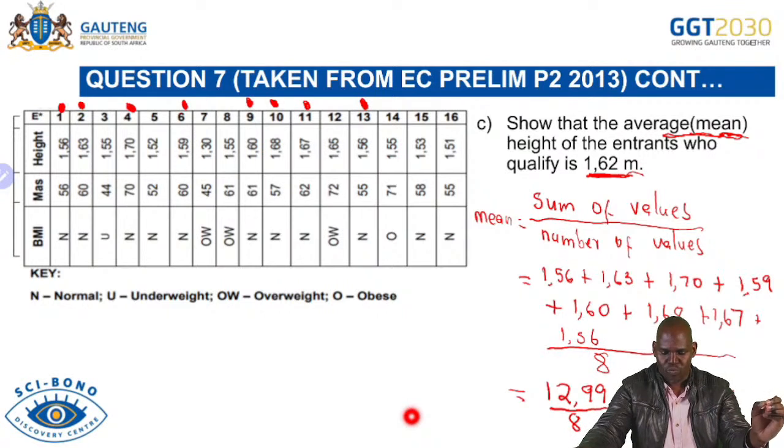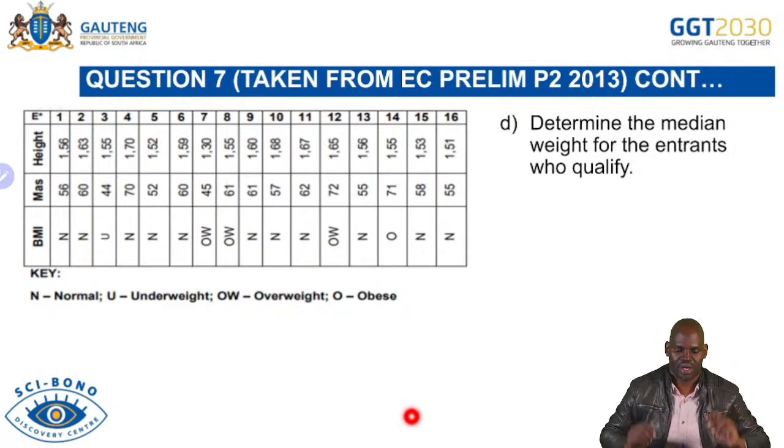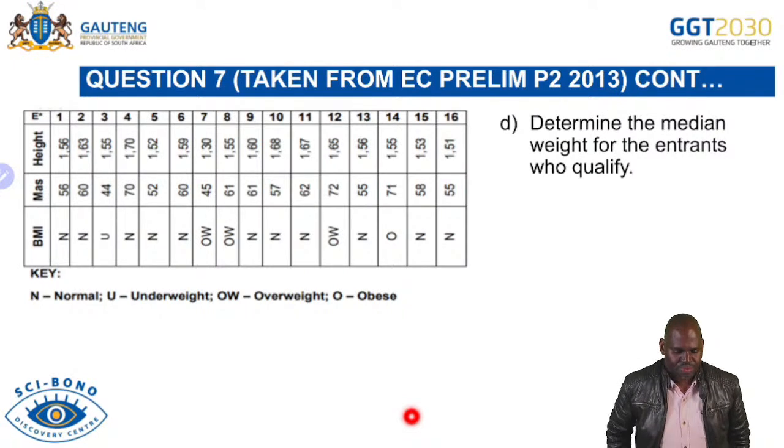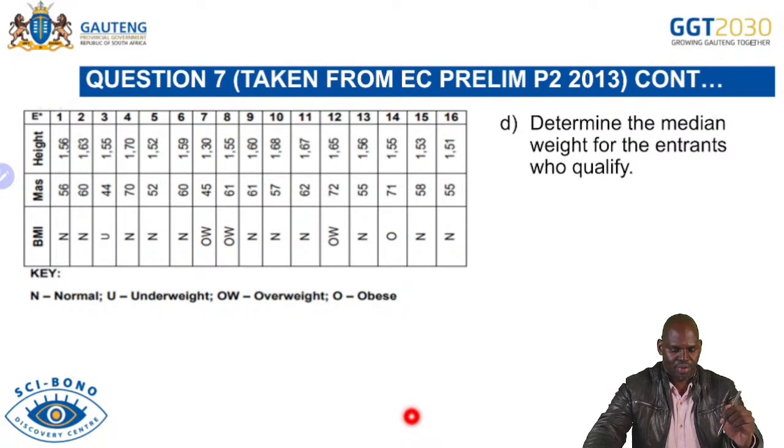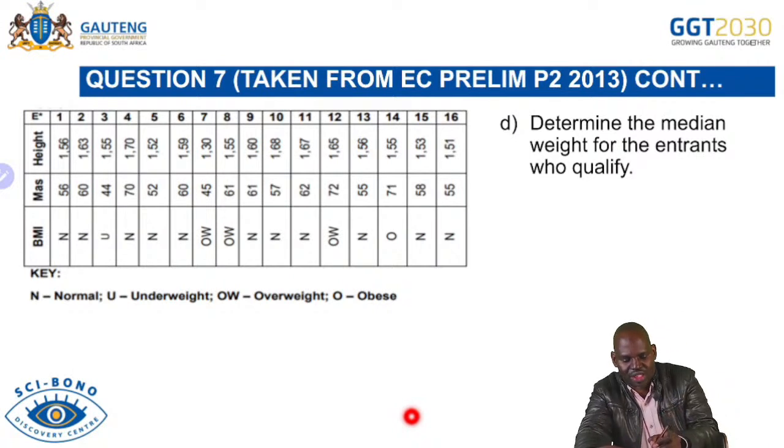Okay, then the next question, it's question 7, still the very same question. So this is a very long question, still taken from the same information. Determine the median weight for the entrants who qualify. So this time it's median.